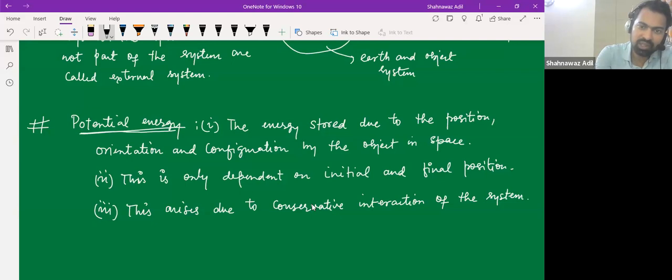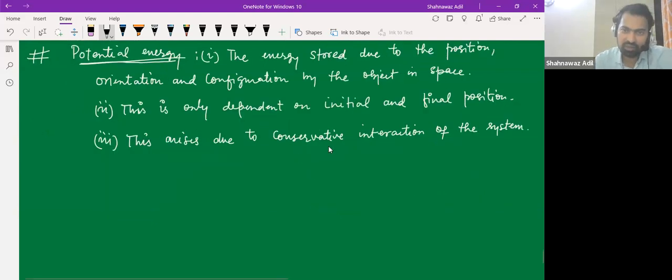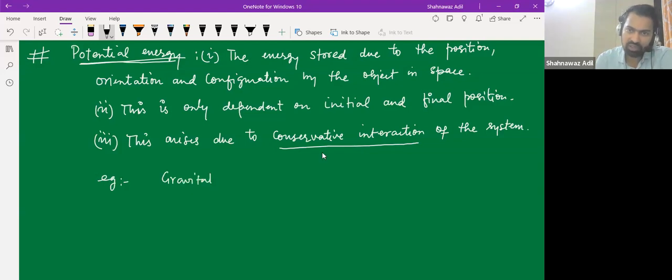So why are we calling it the conservative interaction? Let's say you have a gravitational force. So this is a conservative force. Due to this gravitational force, there would be a potential energy called gravitational potential energy.